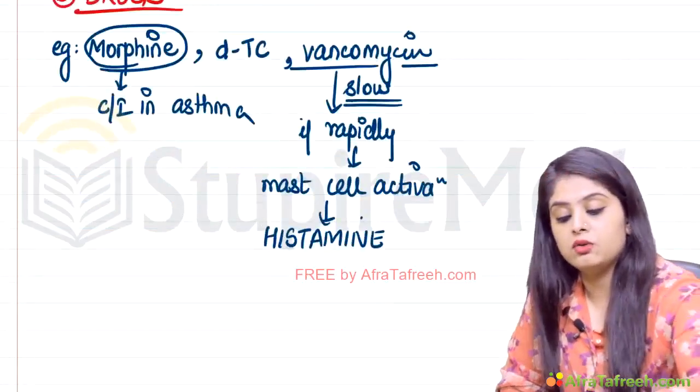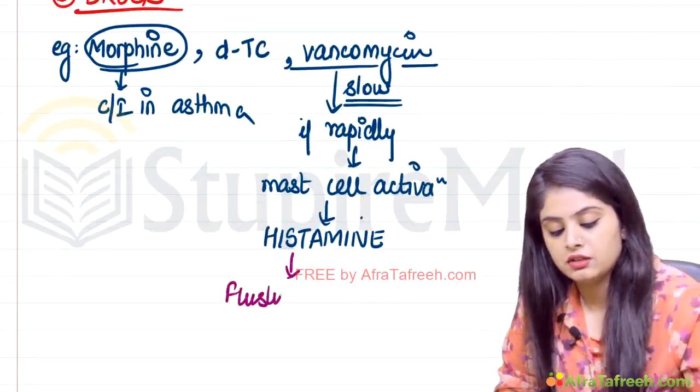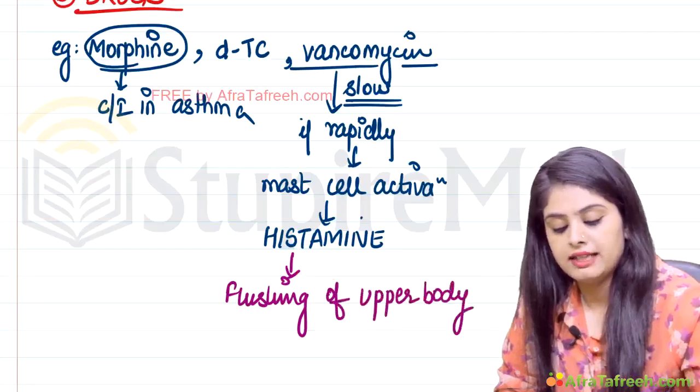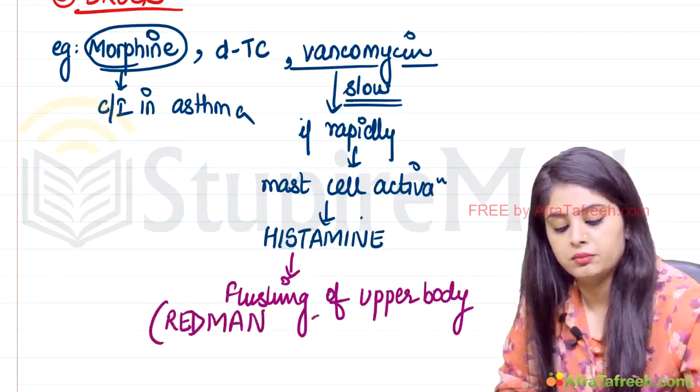Histamine, as we all know, causes vasodilation, so it will cause flushing of usually the upper body and the trunk, and that is known as the red man syndrome.